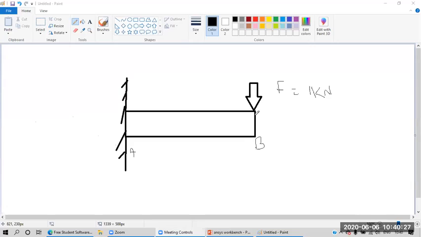Let's suppose there is an industry of CNC machines. They are making CNC machines or semi-automatic lathe machines. A CNC machine or a semi-automatic lathe machine is a combination of mechanisms, right?